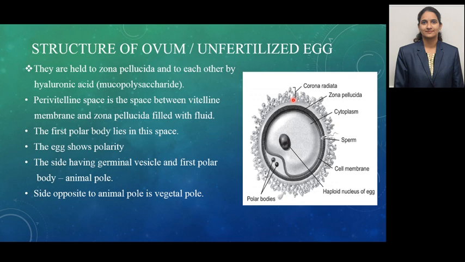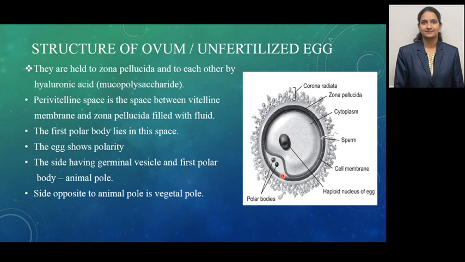Perivitelline space is the space between the vitelline membrane and the zona pellucida. This is the vitelline membrane, the inner membrane, and this is the zona pellucida. In between these, there is a space which is called the perivitelline space, and it is filled with fluid.